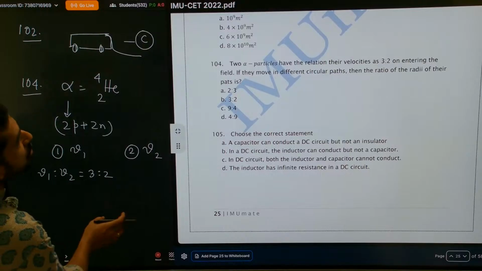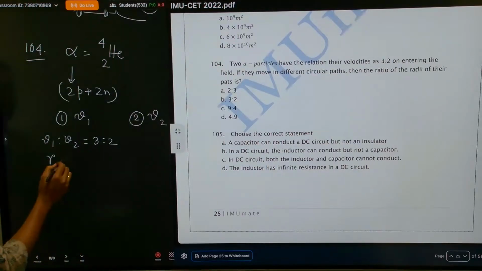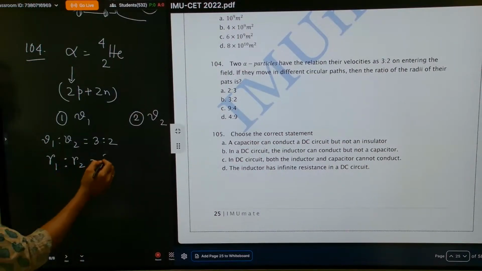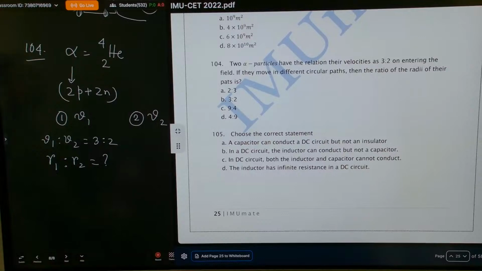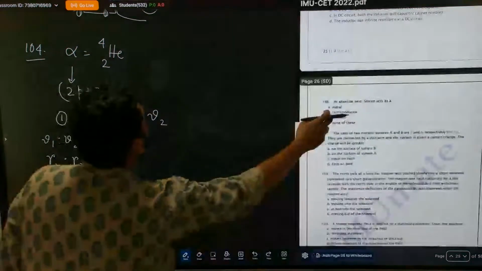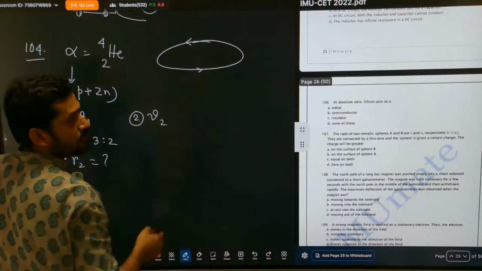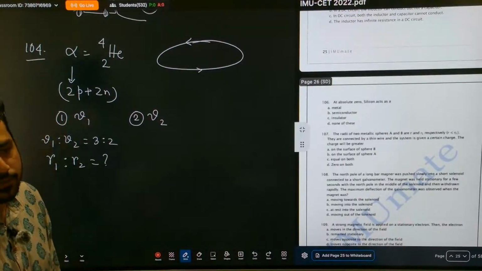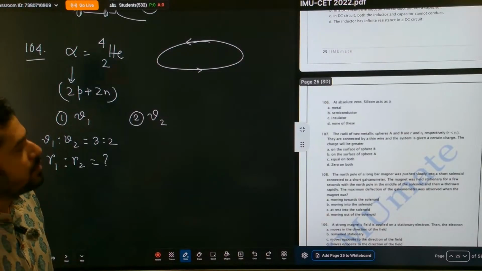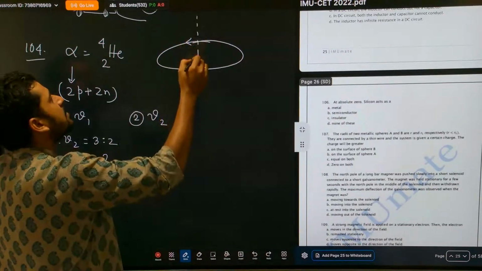What is the ratio of the radii? So R1 is to R2. They have asked what would be the ratio of R1 and R2. Now remember, if a charged particle is moving in a circular path, what does it mean? There is a magnetic field. In the previous class I told you there is a magnetic field. Let's say this is the magnetic field.